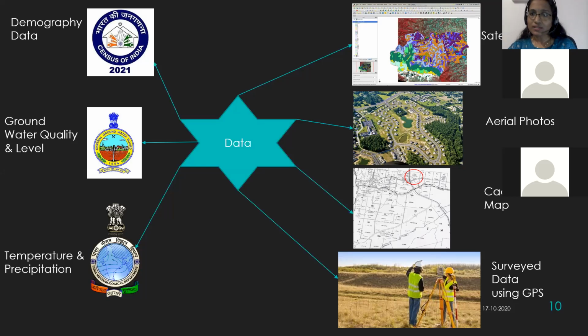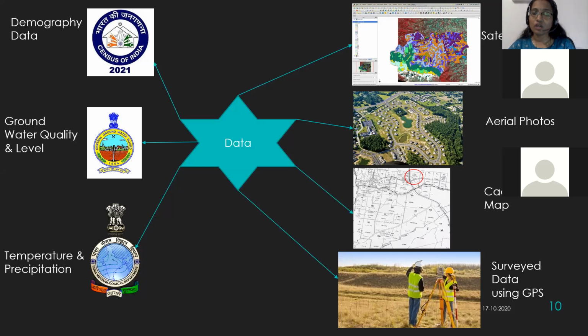And if you want groundwater control data or temperature and precipitation data, you can give a letter to the particular organization. You have to mention what you are doing, which project you are doing, and with which organization you are doing it. Please mention that in the letter and get the permission so that you will easily get all the data.